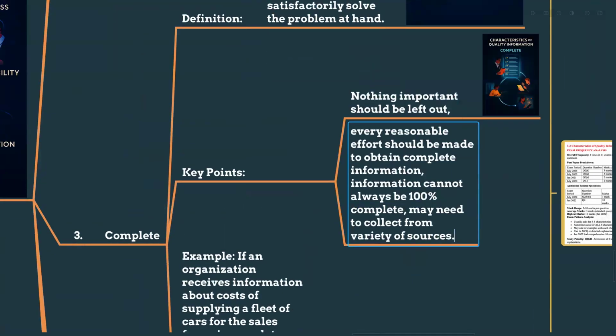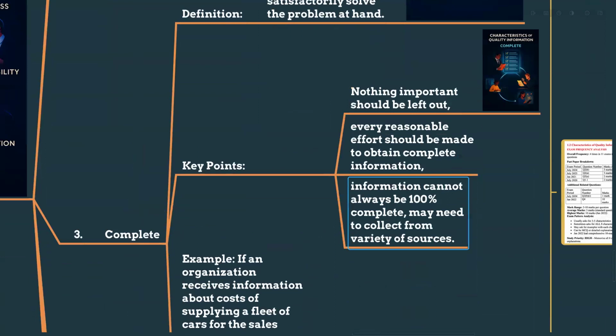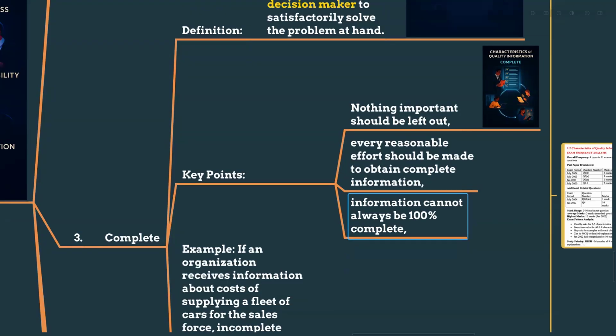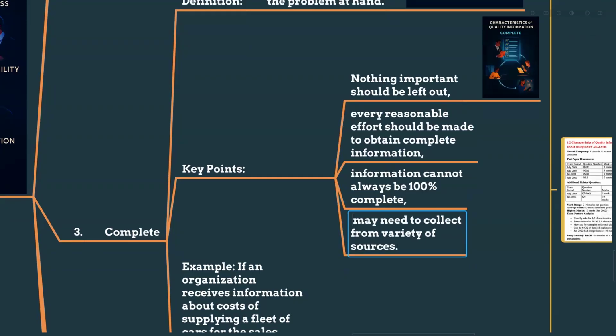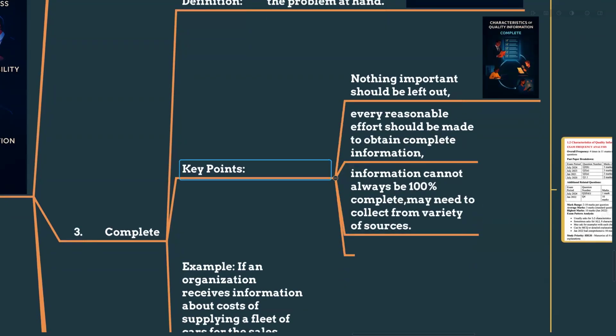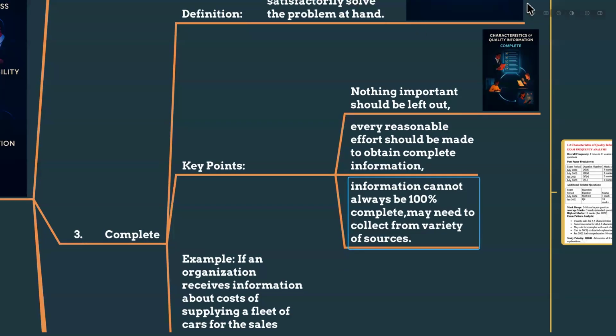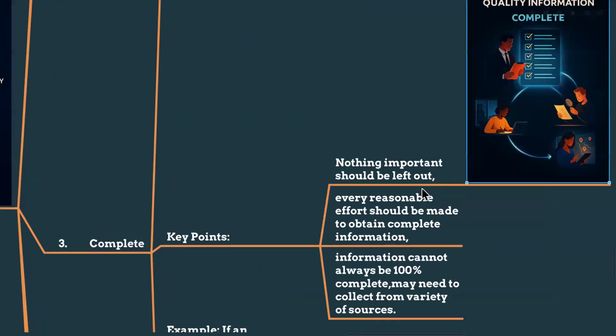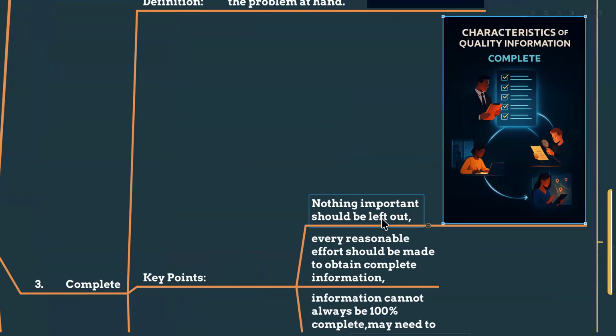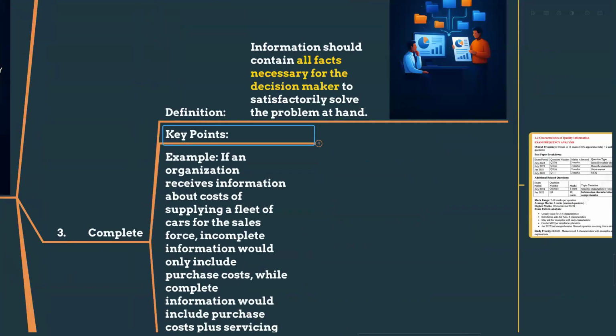If it is an important matter, you can't leave it out. As well, every reasonable effort should be made to obtain the complete information. As I mentioned earlier, information cannot always be 100% complete, but you may need to collect from a variety of sources. Sometimes if it is not 100% complete, you have to collect from other sources as well. So you have to have these checklists, the key important points, to make your information complete.